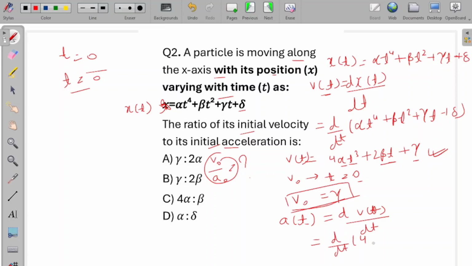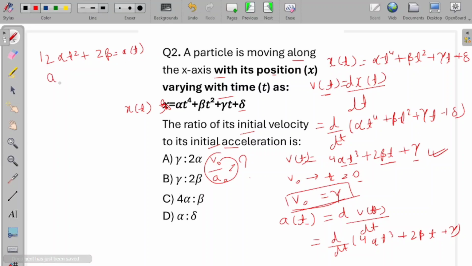This is 4 alpha t cube plus 2 beta t plus gamma. On differentiating, we will get 12 alpha t square plus 2 beta. This is the expression for acceleration.